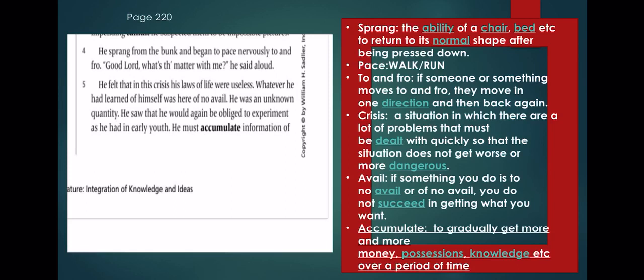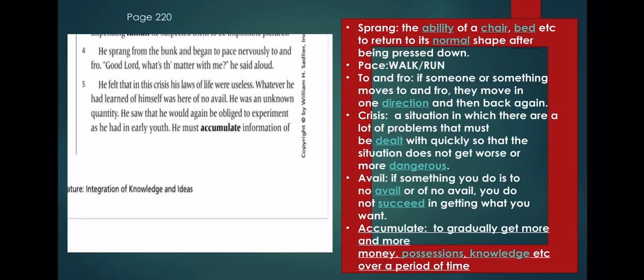"He felt that in this crisis his laws of life were useless." So he feels in this situation that he has a problem, that his laws of life, his rules, were useless, were nothing. "Whatever he had learned of himself was of no avail."